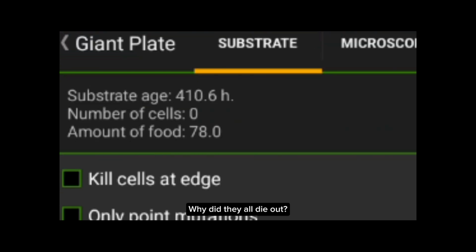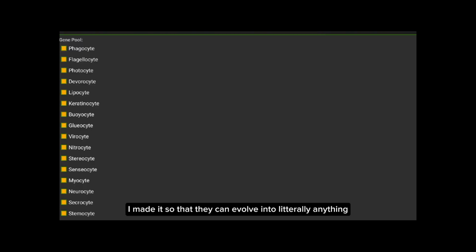But why did they all die out? I already turned on literally everything in the gene pool. Shouldn't they turn into photocytes eventually? What did I do wrong?